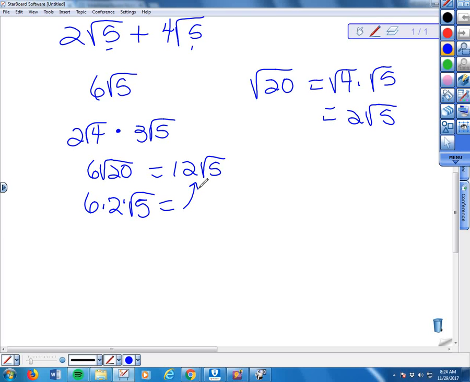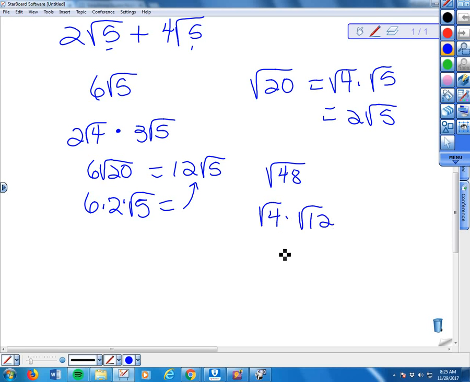How would you simplify the square root of 48? Yeah, 6 and 8 goes in, but is 6 or 8 either one a perfect square? 12 and 4. Is 12 and 4? Okay, we could do 12 and 4. So you're saying the square root of 4 times the square root of 12.